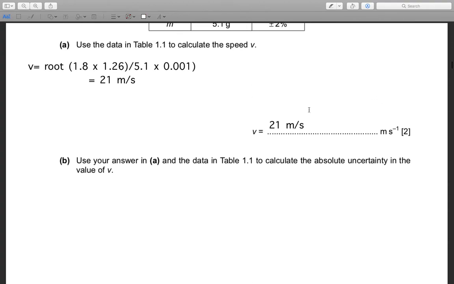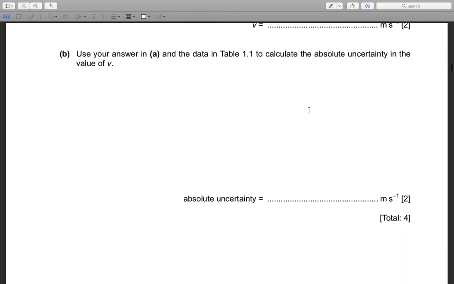Okay, continue to the next question. Use the answer in A and the data in table 1.1 to calculate the absolute uncertainty in the value of v. Yes, we have the percentage uncertainty, around 4%, right?